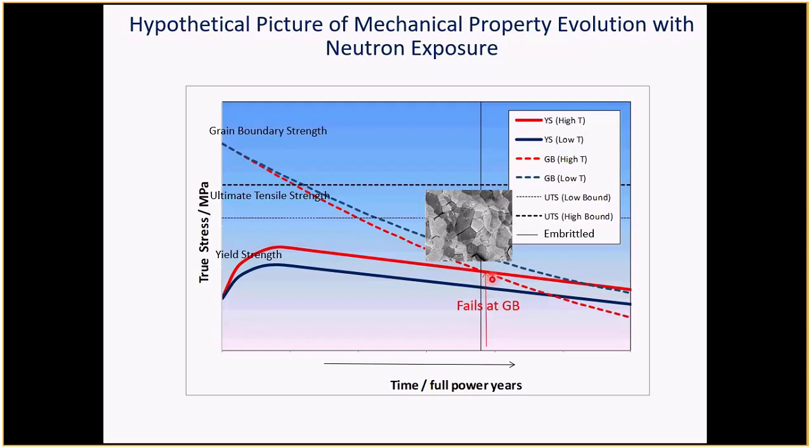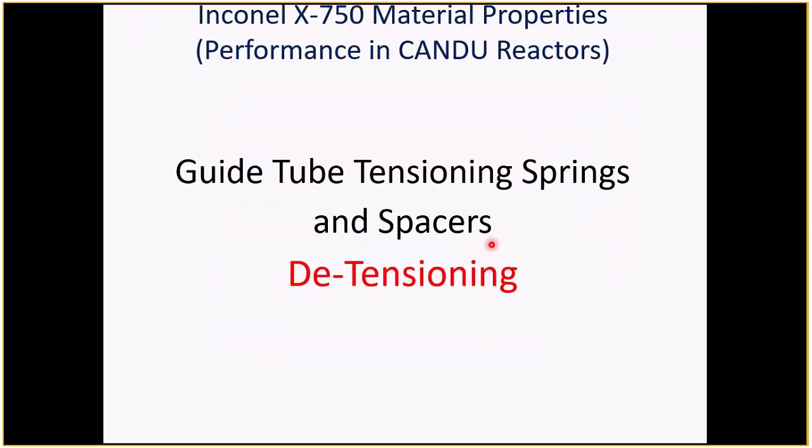And that is not desirable in any reactor application, because that's essentially saying we have glass in there. We have zero ductility, and our major component that is holding up our main fuel channel is like glass.